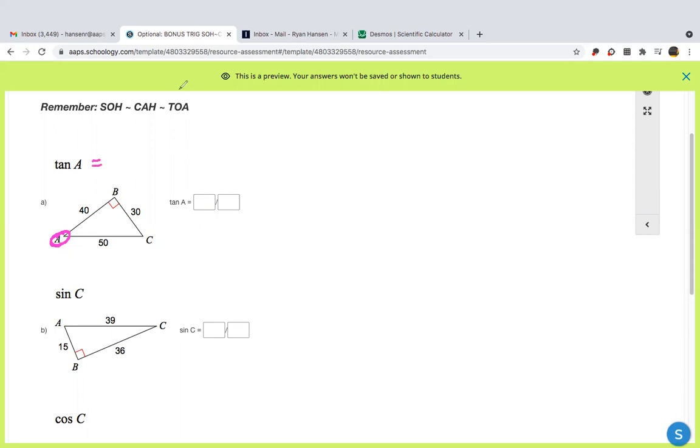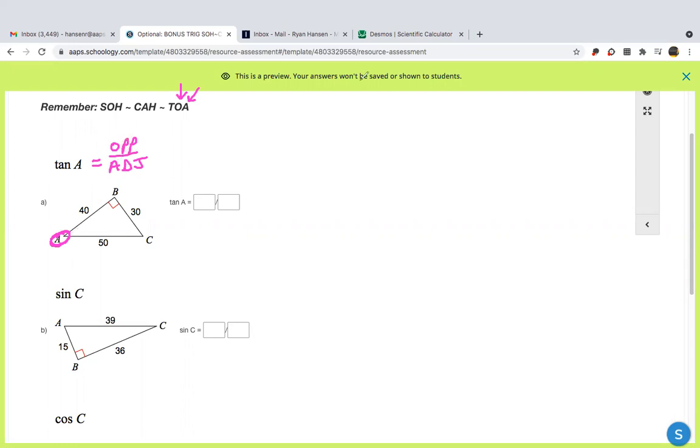The O stands for opposite, so it's opposite over. The A stands for adjacent. That goes on the bottom. So remember, tangent is just a fancy word, abbreviated tan. That means from a given angle, the ratio is opposite over adjacent. Those are the parts that you compare.